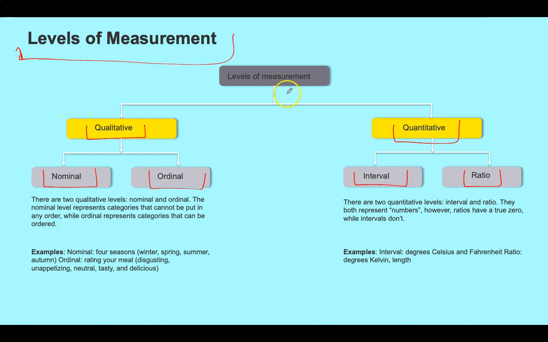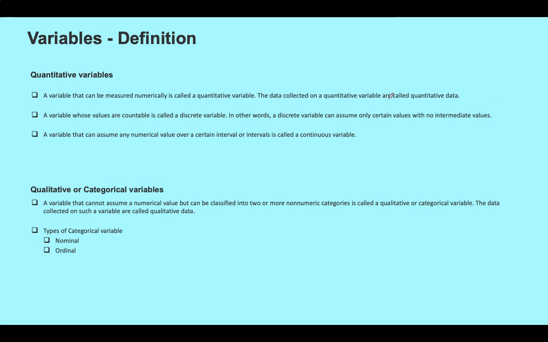In order to understand qualitative and quantitative in detail, let's discuss here. First of all, a quantitative variable and a qualitative variable can be differentiated. A quantitative variable can be measured numerically, whereas a qualitative variable cannot assume a numerical value. A variable whose values are countable is either in a discrete or continuous form.